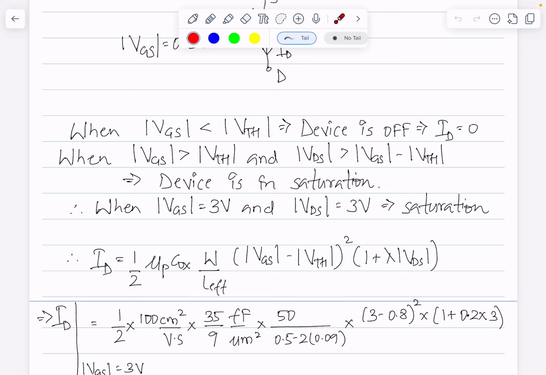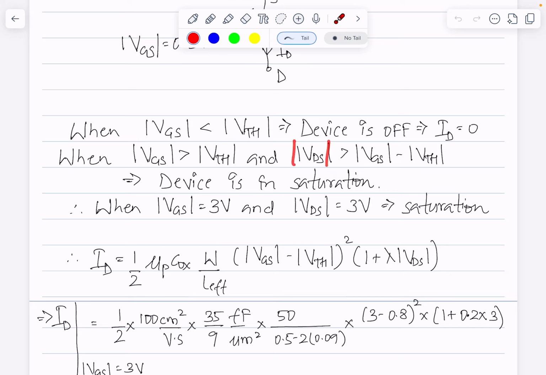So again, when mod VGS is less than mod VTH, the device is off, there is no current, ID equals 0. And the same equations for saturation hold for PFET too. If mod VGS is greater than mod VTH, and mod VDS is greater than mod VGS minus mod VTH, then the device is in saturation.